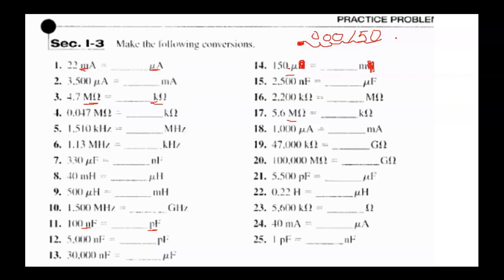It makes it visually easier to see. So I'm moving from micro to milli. That means that I'm just going to put my decimal at the third placeholder, the -3. So my answer should be 0.15. Everybody see how I did that?